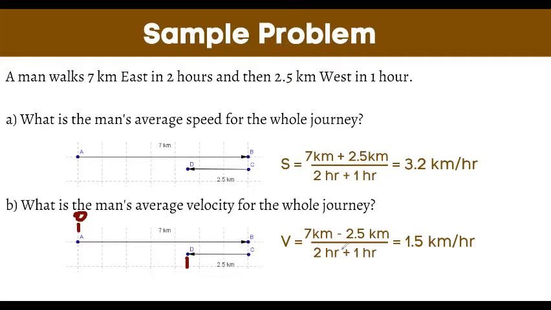So you will have 4.5. Your final position is 4.5 kilometers. And then you're going to divide it by the time it took the man to walk 4.5 kilometers.